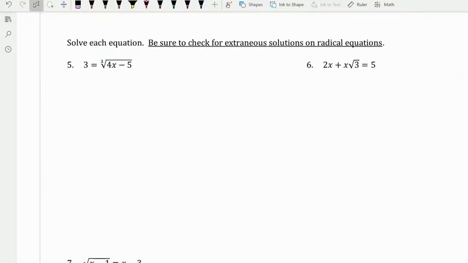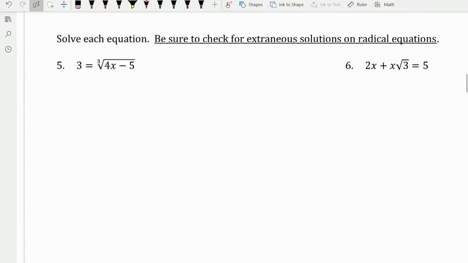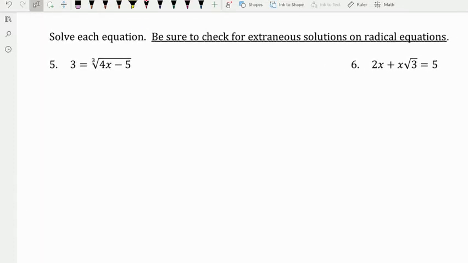All right, the next two, we've got radical equations, maybe. So this one is definitely a radical equation. I've got an x inside of my radical. So remember, whenever they are radical equations, we've got to check for extraneous solutions after we finish.